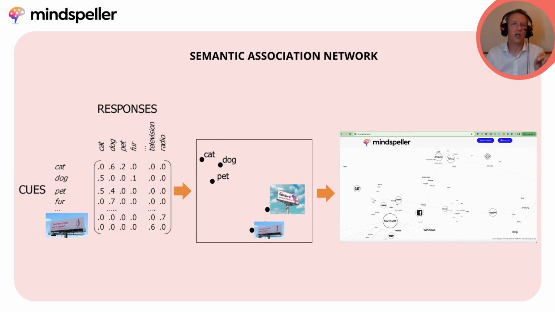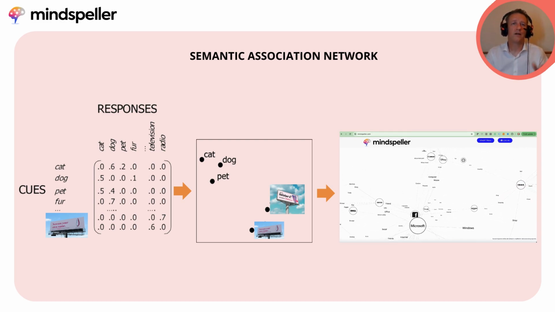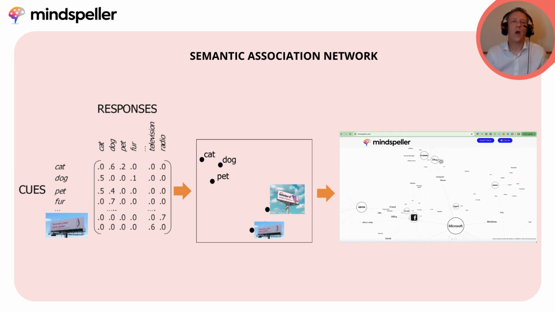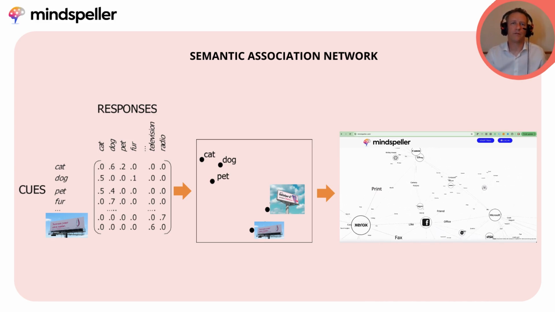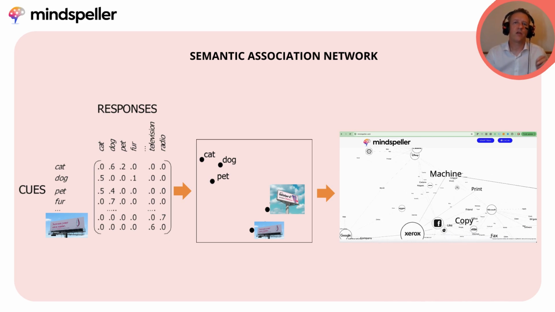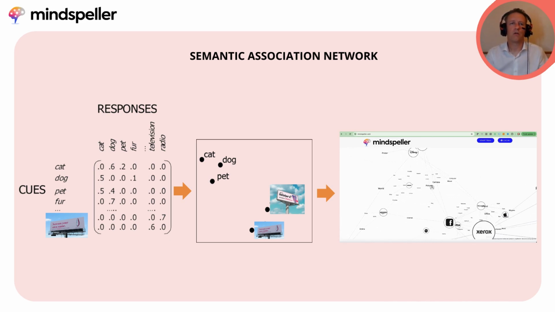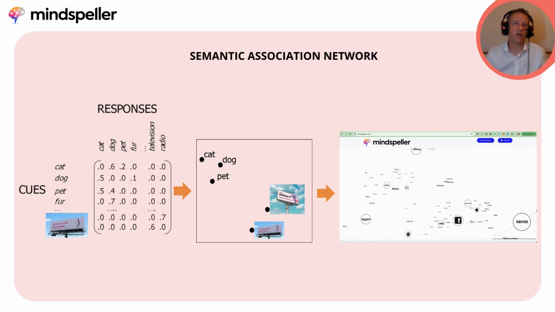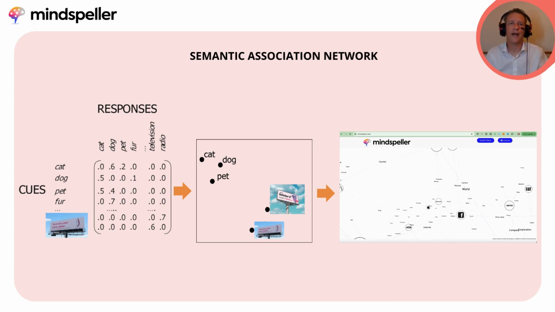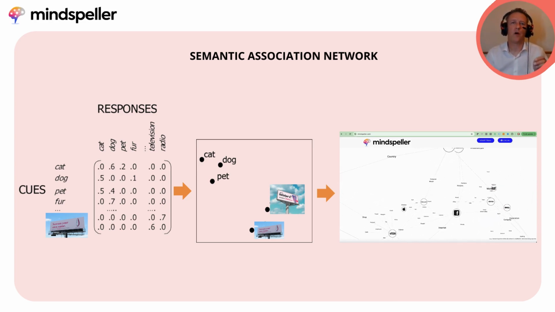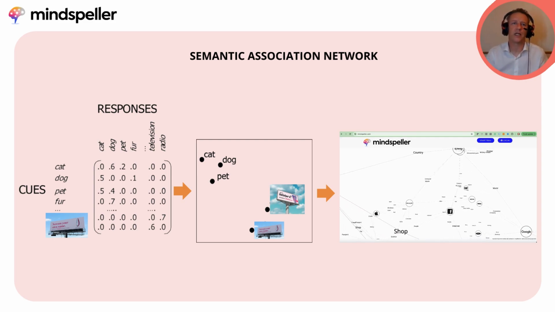A semantic association network is like a big web of related words and ideas in your brain. Imagine you think of the word dog. This might make you think of the word puppy, bark, leash, or pet. These connections form a network of related concepts.